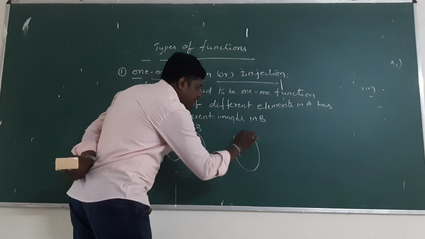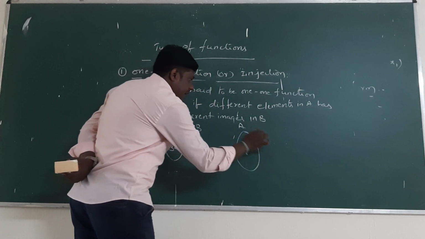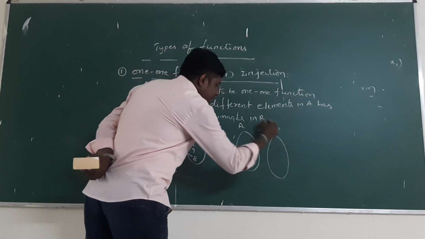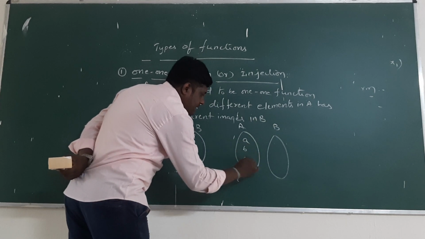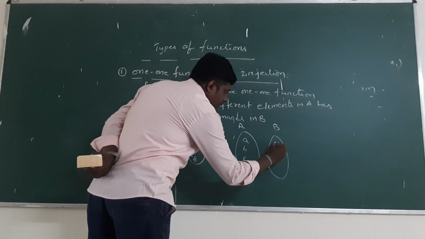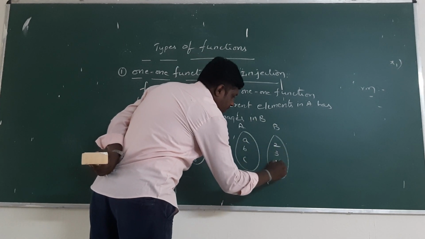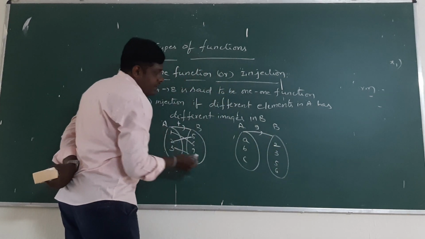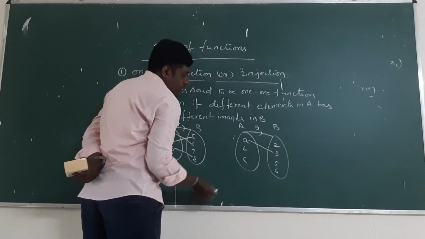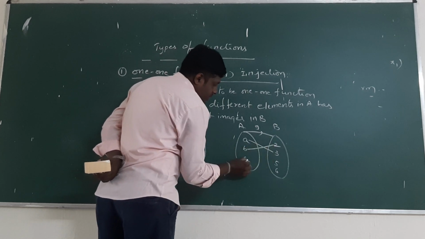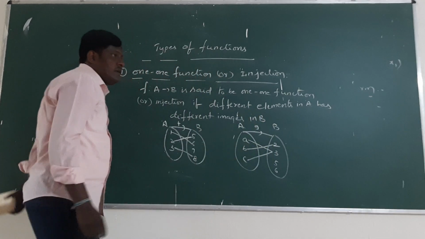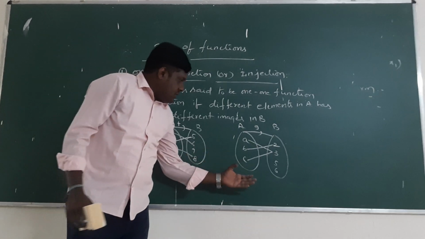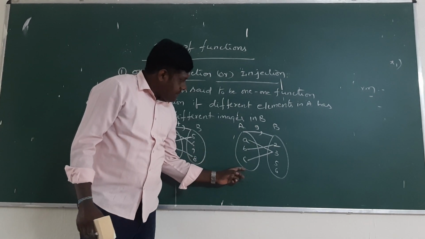Now check A and B. A contains a, b, c, and B contains 2, 3, 5, 6. a is mapping with 3, b is mapping with 2, c is mapping with 3. So first we have to check, is it a function or not?